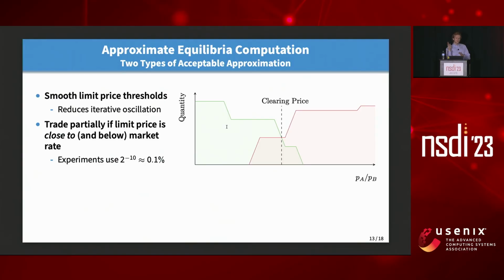So what we're going to do is smooth this out and say that if your limit price is very close to the market price, but just a little bit lower, then maybe your offer will trade fully or partially or not at all, but only in this tiny little range next to the market price. In practice, we're going to use a threshold of about 2 to the minus 10, or 0.1%. For an iterative algorithm, this reduces the amount that it iterates and oscillates around these sharp thresholds.